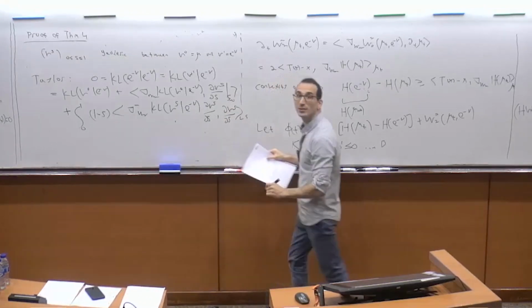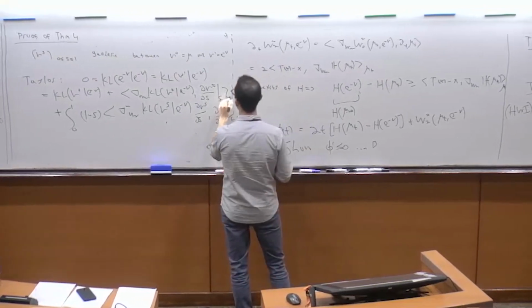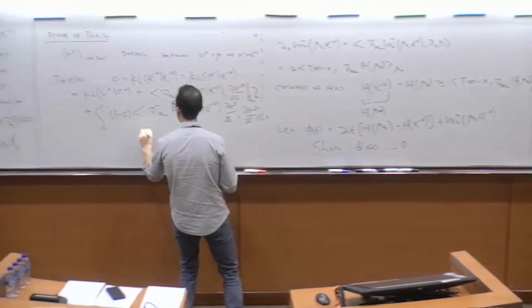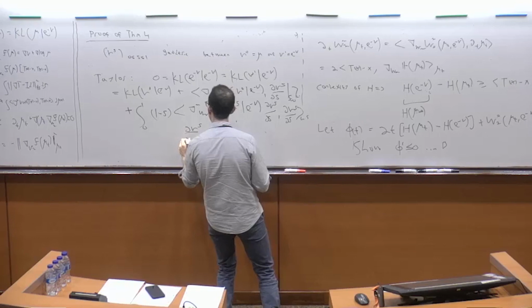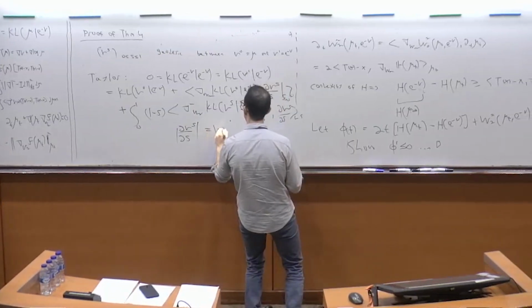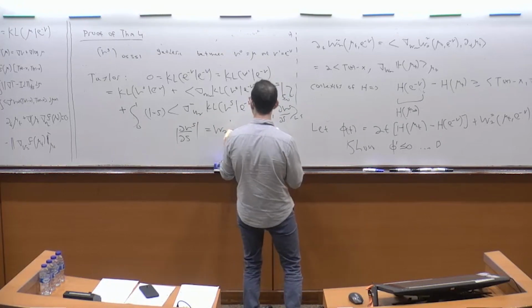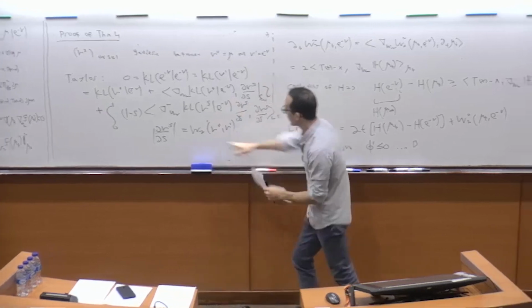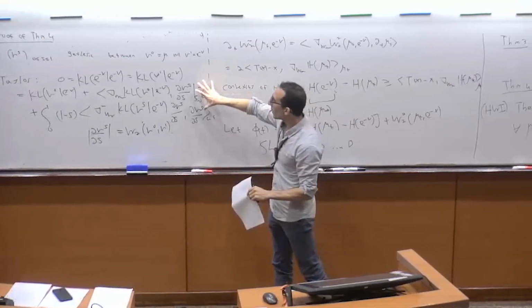So maybe not to hold people for too long, I'll just say, the one fact that we need to use is that because nu is a geodesic with speed 1, its norm is just W2 of nu 0, nu 1, which are, of course, mu and e minus V. How do you bound these two terms?